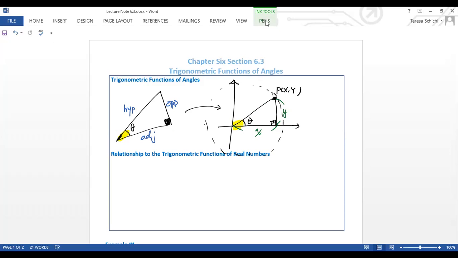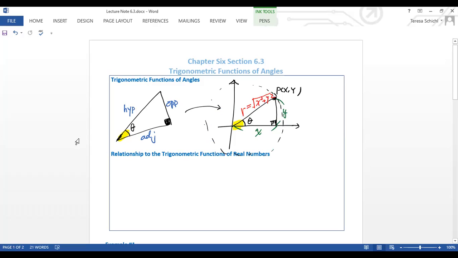Instead of the unit circle, it's a general circle. So what is the hypotenuse? The hypotenuse becomes the radius of this circle. What is the radius r? By the Pythagorean theorem, x squared plus y squared is equal to r squared.